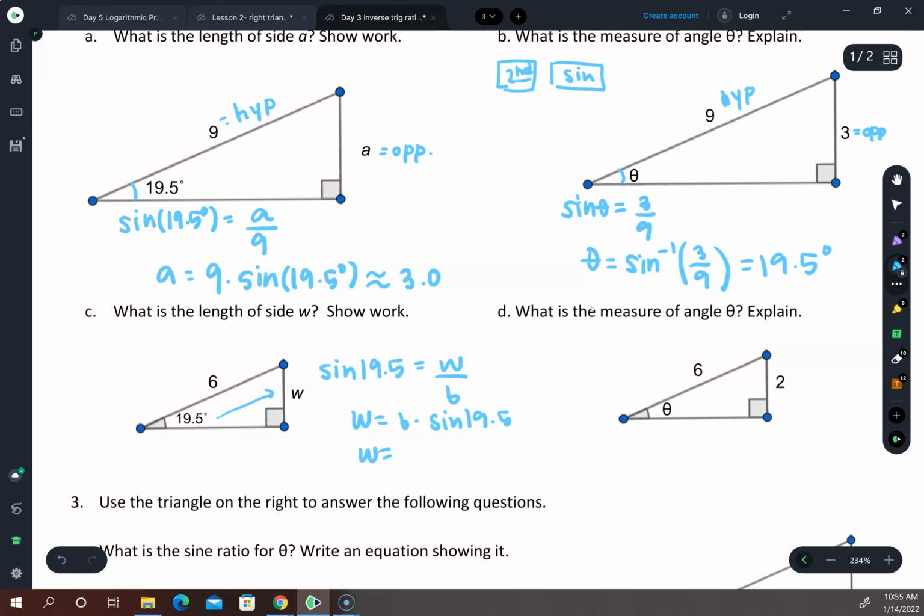So W would be what, 2.0? So now find the measure of the angle. So we have sine of theta is going to be equal to 2 over 6. So theta would be inverse sine 2 divided by 6. So theta here would be 19.5.